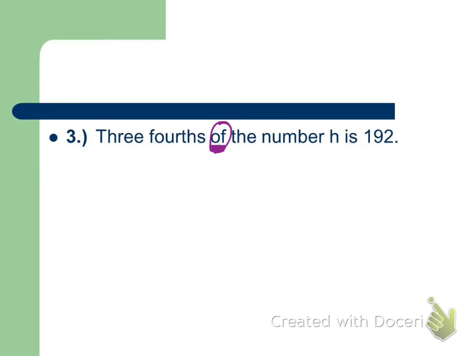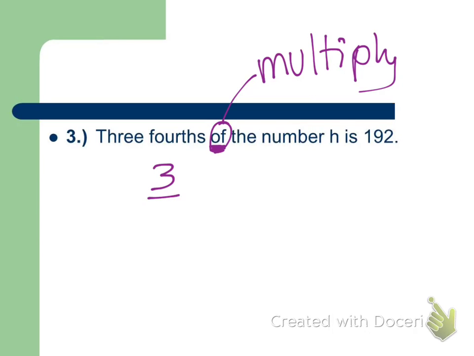So if you want to write yourself a note that is telling us to multiply. 3/4 h is, again, still means equal 192. Natalie, what are we going to do to get h by itself?